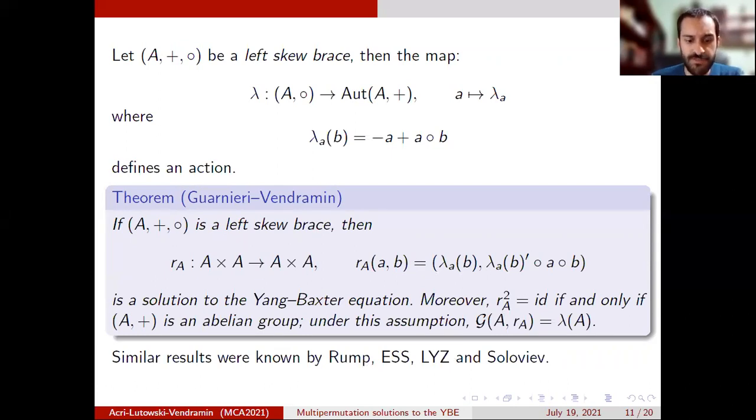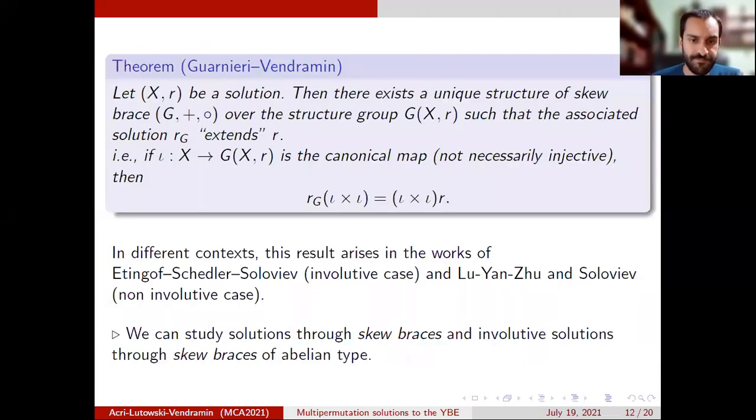We have a sort of converse to this theorem. For a given solution, we can define a unique structure of a skew brace over the structure group of the solution, such that the induced solution is an extension of the original solution.